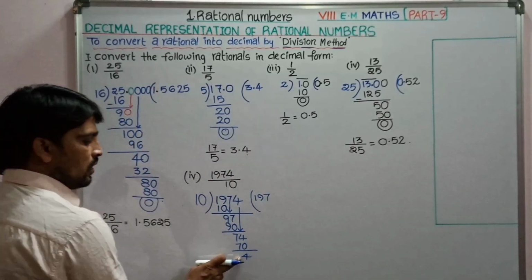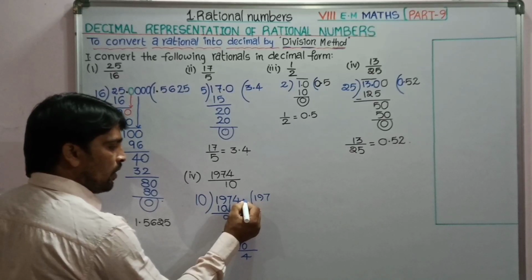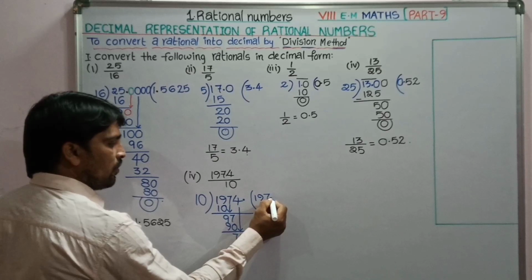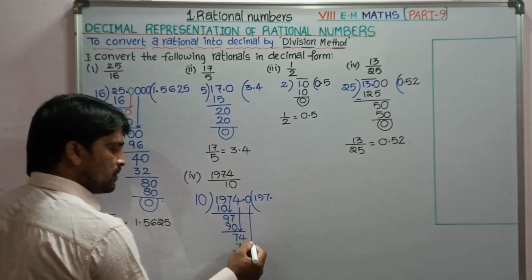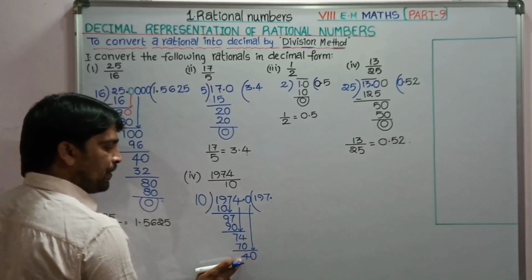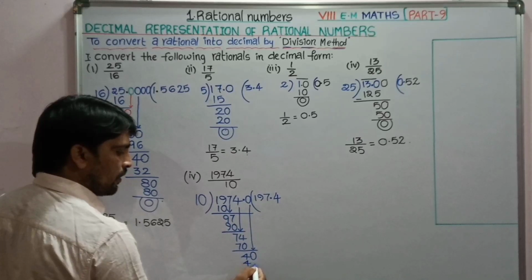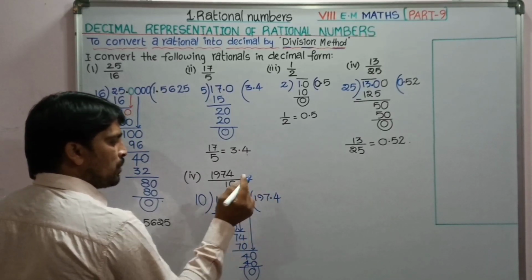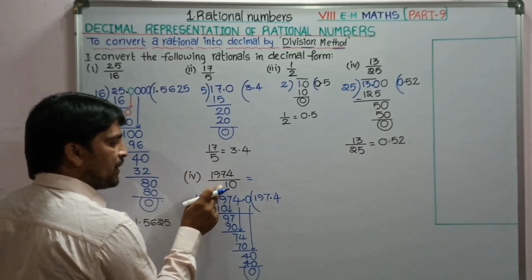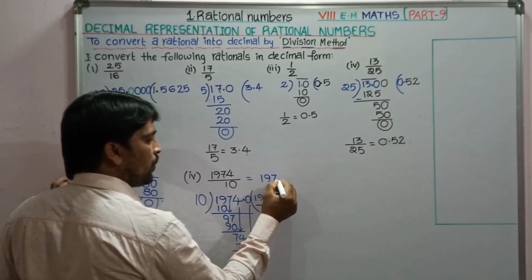But in this case the new dividend is less than the divisor, so put a decimal point at the end of the dividend as well as at the end of the quotient. Consider 0 here and drop the same 0. Now our new dividend becomes 40. 10 fours are 40. The remainder is 0. Therefore, the decimal form of 1974 by 10 is 197.4.